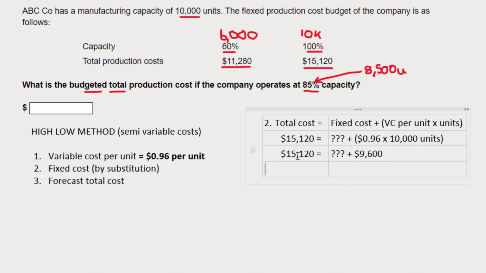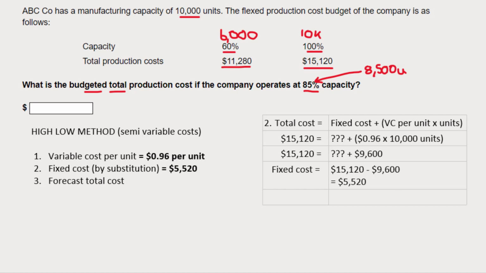So out of my 15,120 of total cost, 9,600 is variable. So I can then work out what the fixed cost is by looking at the total cost, which includes both fixed and variable, the 15,120, and subtracting out the variable cost of 9,600 to leave me with 5,520 of fixed cost.